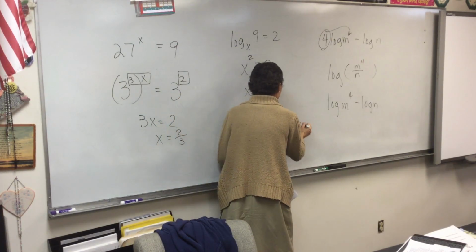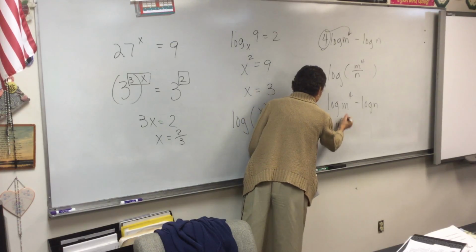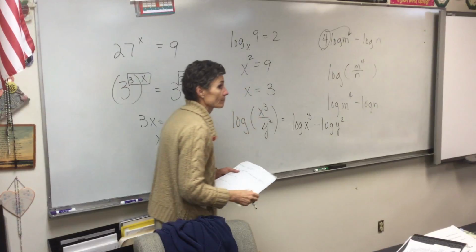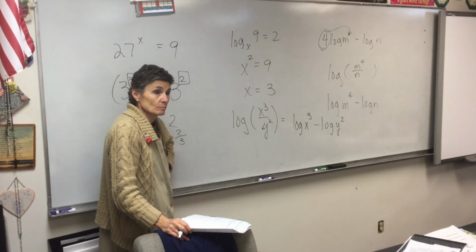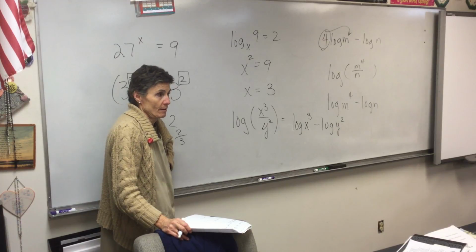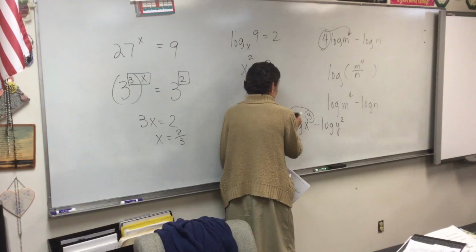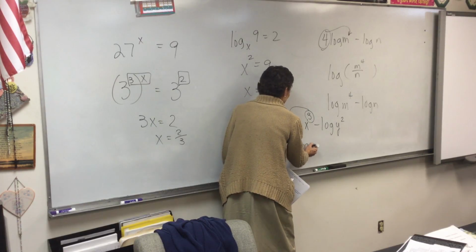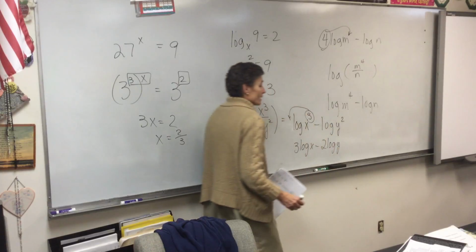So I'll have the log of x cubed minus the log of y squared. We're not quite done. See these guys? So 3 log x minus 2 log y.